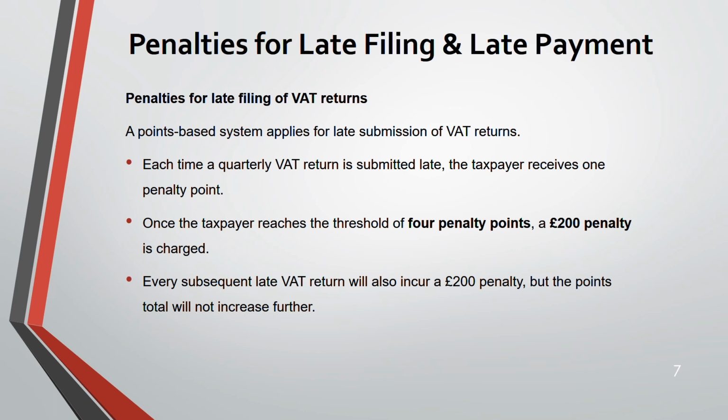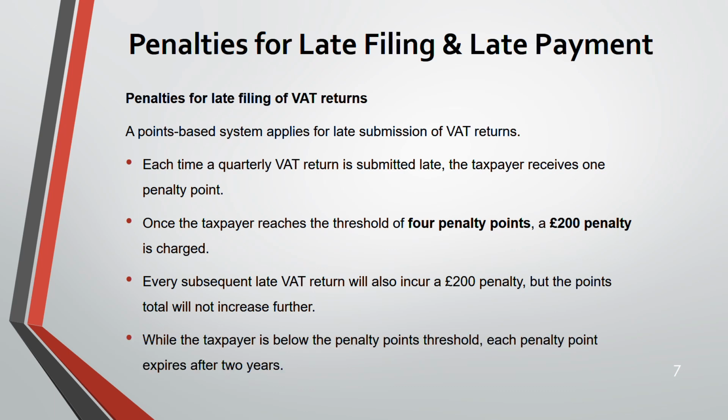Every subsequent late VAT return will also incur a £200 penalty, but the points total will not increase further. It will increase up to 4, and your penalty will keep increasing by £200. While the taxpayer is below the penalty point threshold, that is 4, each penalty point expires after 2 years.